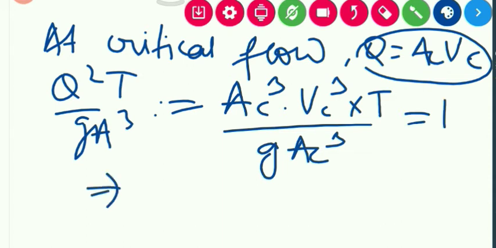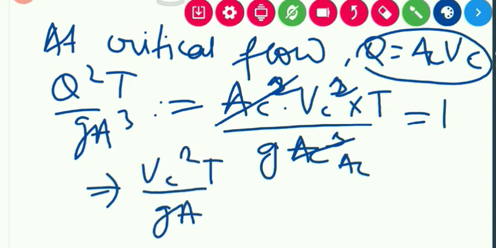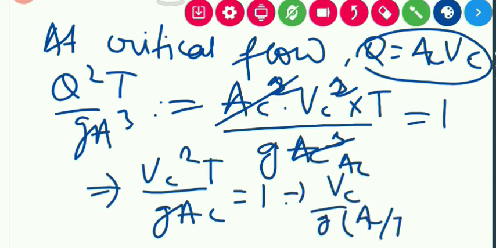So here it will remain Ac, and we get Vc square T upon g into Ac equal to 1. We can write it as Vc square by g into Ac by T.